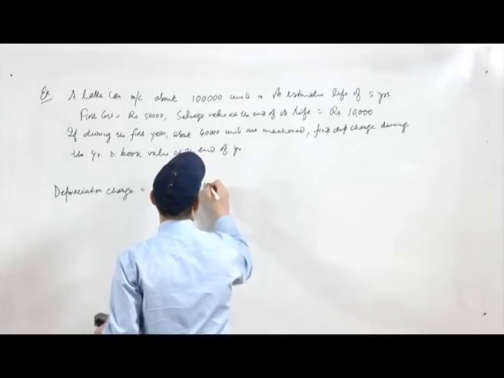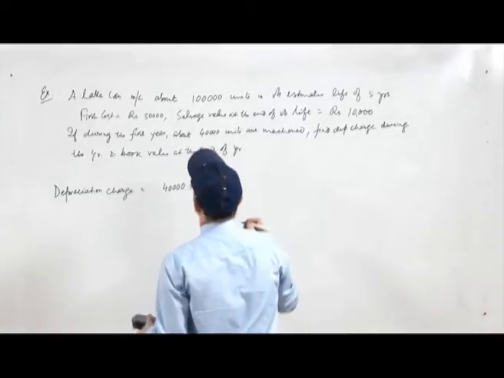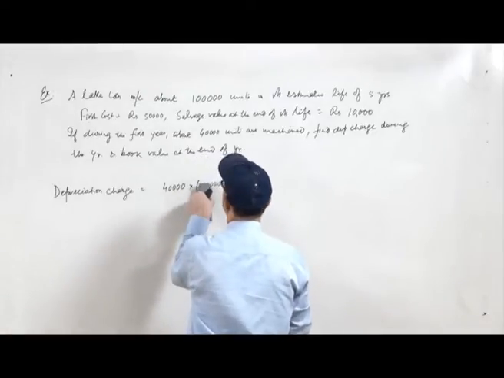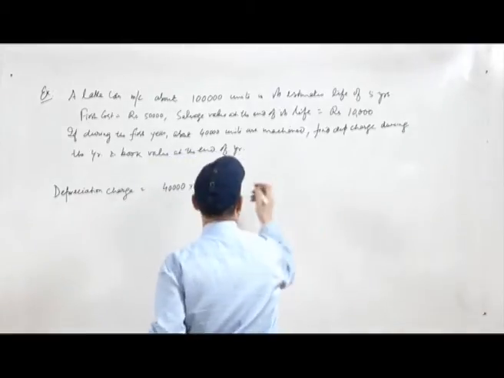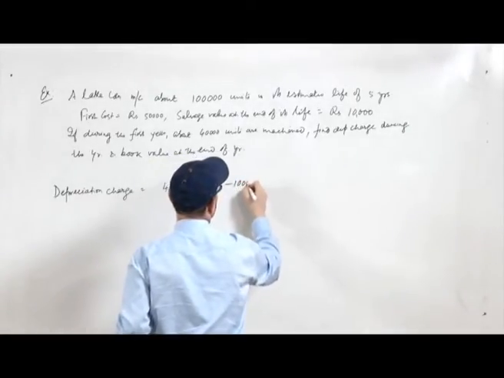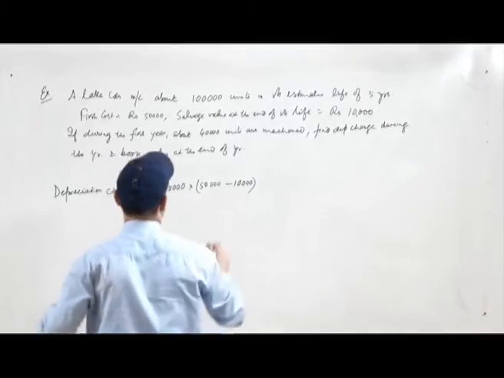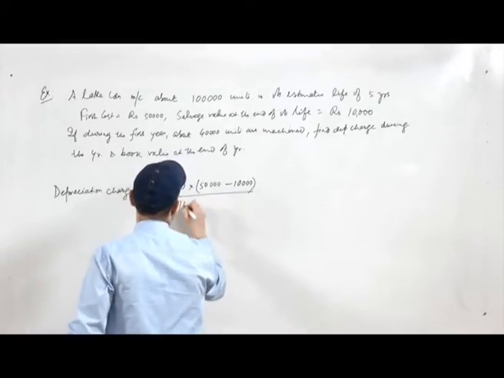The present cost is 50,000 and its salvage value is given as 10,000, and this is divided by the total units of production, that is its capacity of 1 lakh units.